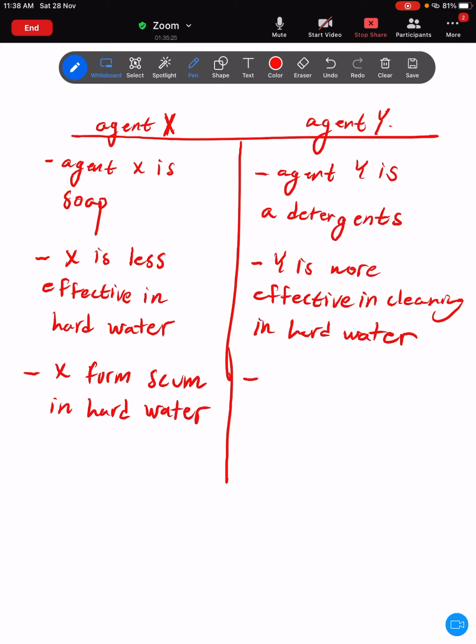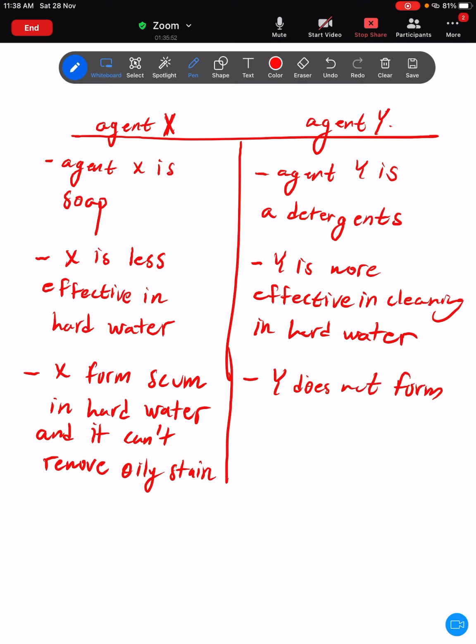And it cannot remove oily stains. Y does not form any scum in hard water.